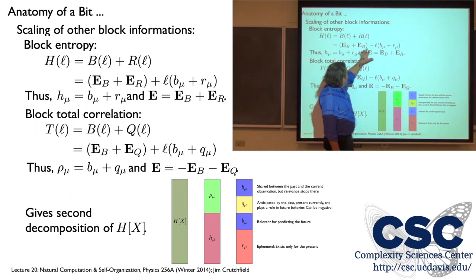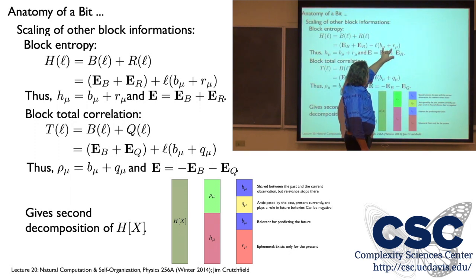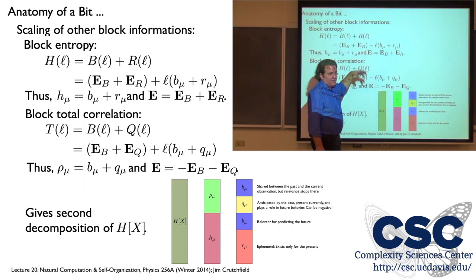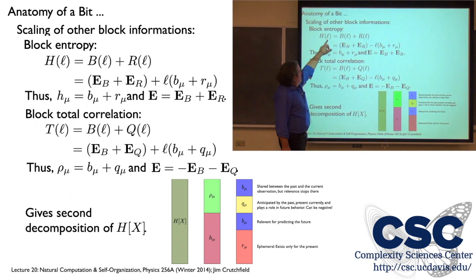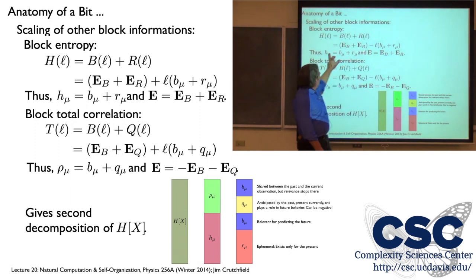We'll get to that. And then we have just summing up for the slope of this guy, B mu plus R mu, right? But we know that the asymptote for H of L is just E plus H mu L. Therefore, H mu breaks into B mu plus R mu.